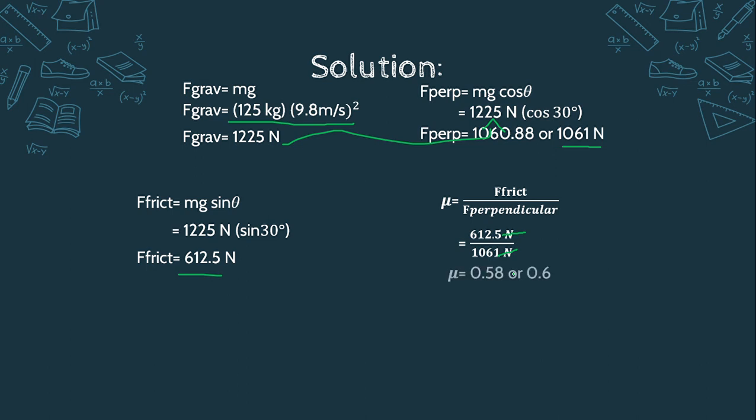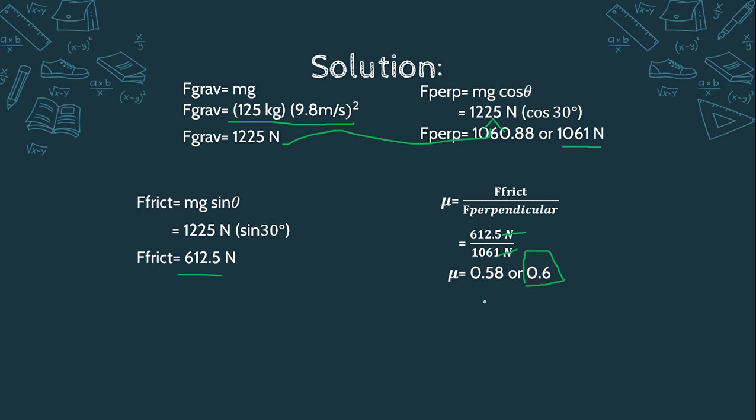Therefore, we will have a value of 0.58 or 0.6. Therefore, we finished solving our problem, whereas the coefficient of friction of the car would be 0.6.